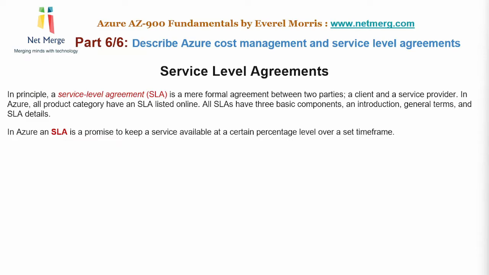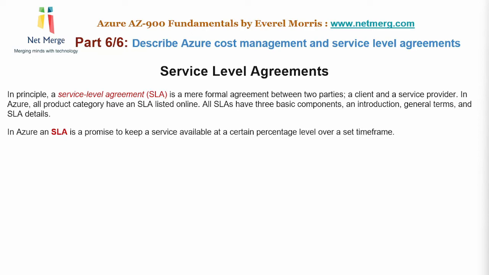Now we're going to talk about service level agreement, and we talk about 4.9, 5.9, and 6.9 throughout the course. Now, in principle, a service level agreement is a formal agreement between two parties, the client and the service provider, Azure and its tenant. In Azure, all product categories have an SLA listed online. All SLAs have three basic components.